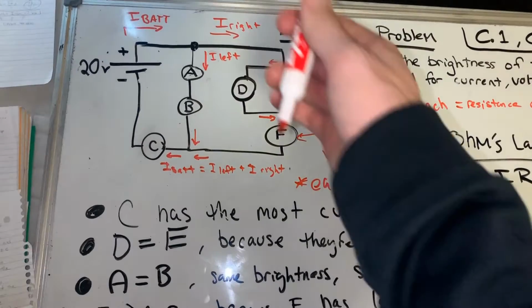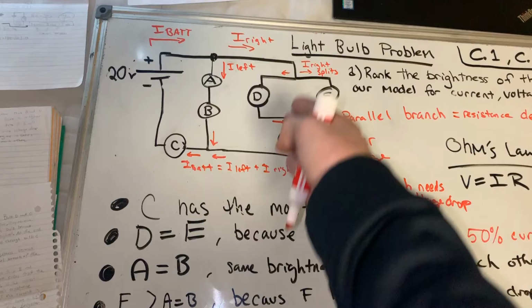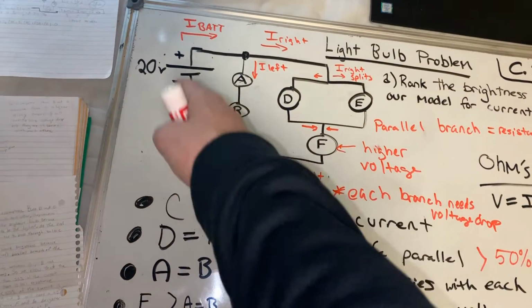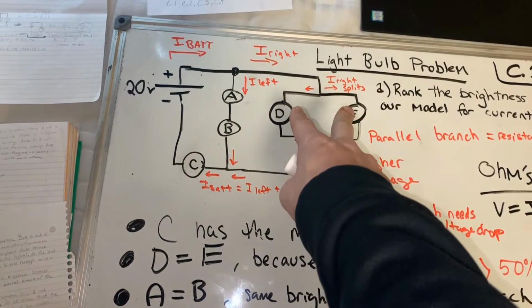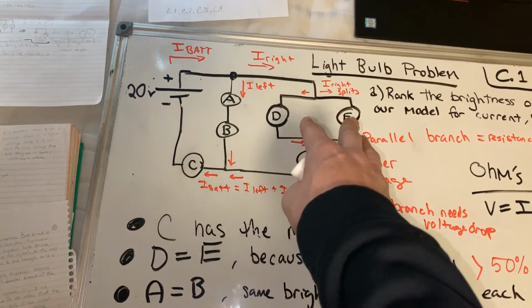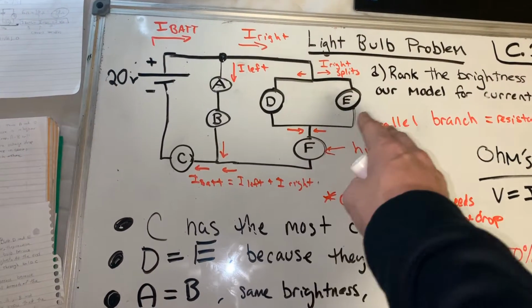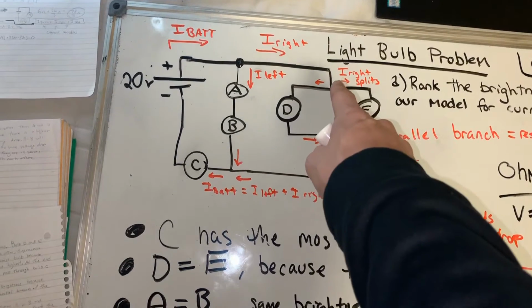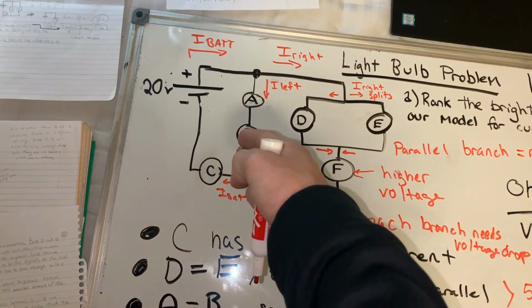So in a parallel circuit, you have to have a voltage drop. The voltage drop going back to the battery has to be 0. And in a parallel section here, there's going to be less resistance. So we're going to have more than 50% of the current going this way, and less than 50% of the current going this way.